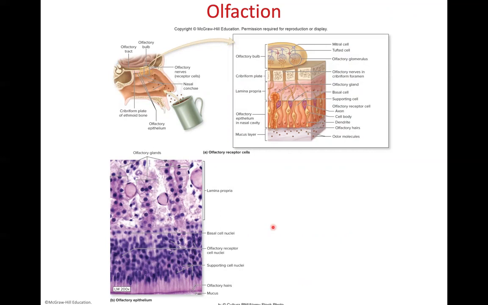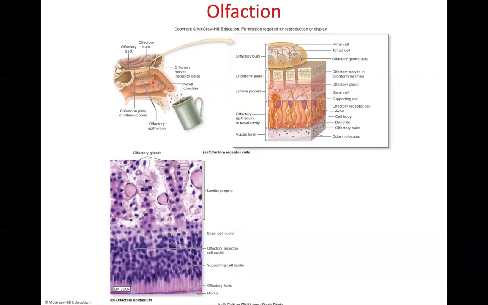So let's look up here at the top first. Here's somebody, they're stuck at home and they're about to enjoy this steaming mug of hot Dr Pepper. And there are molecules of that hot Dr Pepper that are traveling through the air and into the nasal conchae.